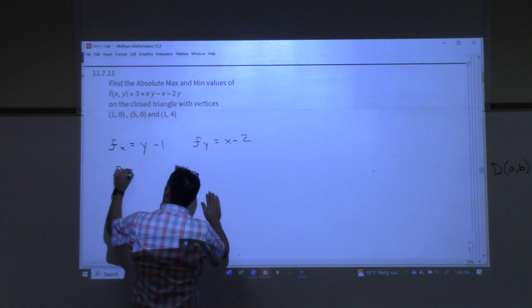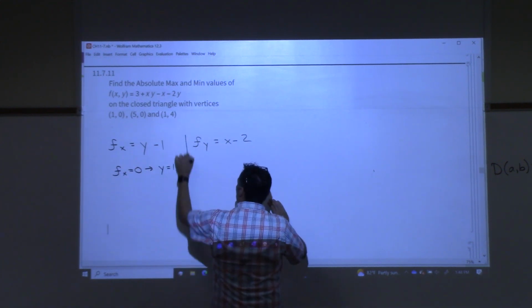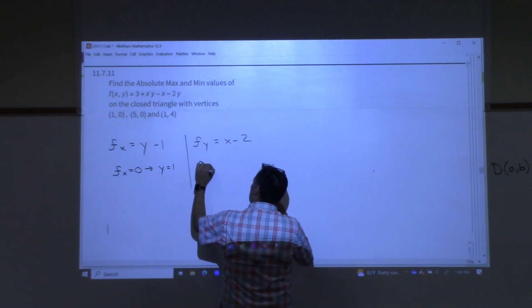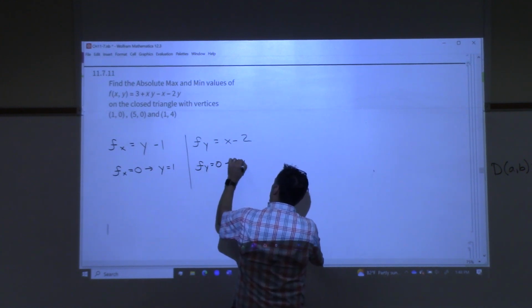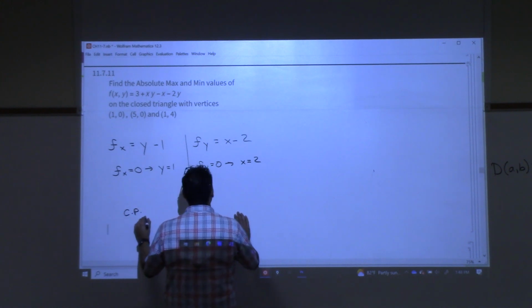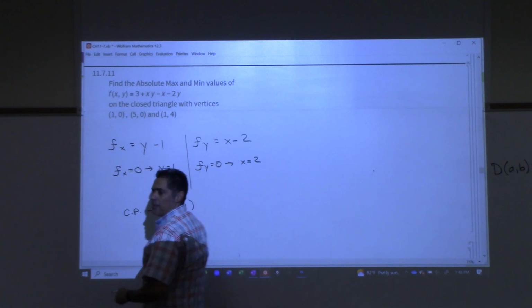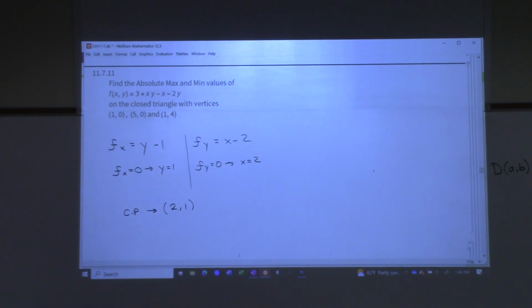So this partial is 0 only when y is 1, and this one over here is 0 only when x is 2. So the only critical point I have is the point (2, 1). Okay? Nice. These are nice partials, right?